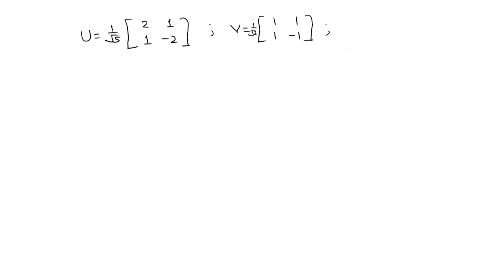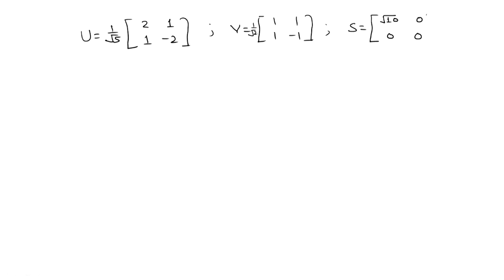Now, I need to find the matrix S. As I told you, my sigma 1, which is the bigger singular value, will be the square root of the biggest eigenvalue of A A transpose or A transpose A, which is 10. So, it will become root 10, 0, 0, and the other eigenvalue is 0, so the square root of 0 will be 0.